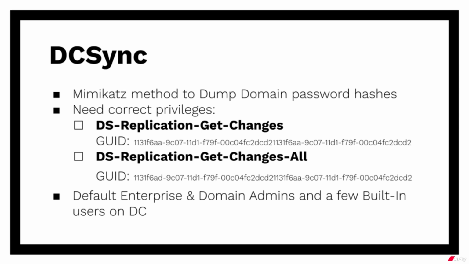By default, enterprise admins, domain admins, and a few local users to the DC, including the built-in DC administrator, have permissions to DCsync. Through the lifetime of an AD environment, misconfigurations happen, which could allow a user or group object to have effective permissions to run DCsync outside of the default users.